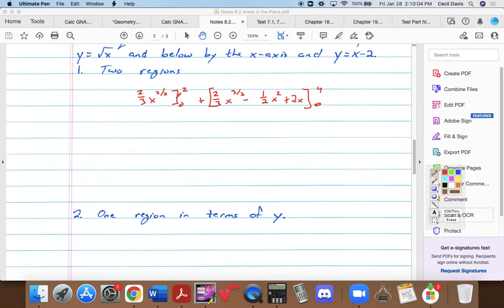All right, so this is going to be 2/3 times the square root of 2 cubed. 2 square roots of 2. So that's 4 square roots of 2 over 3. Plus, I'm not getting the answer that they're getting, and I'm not sure why.